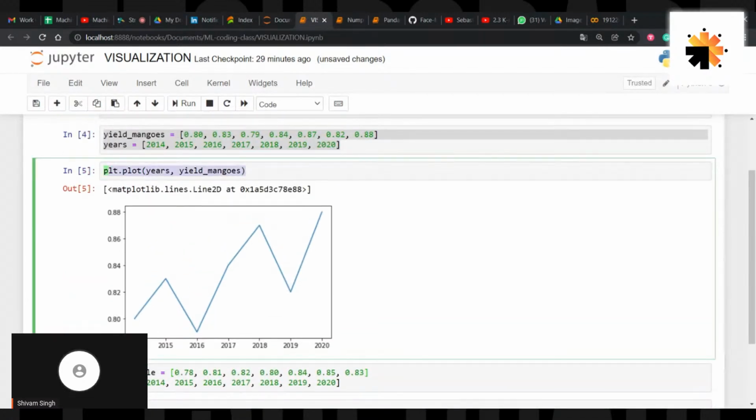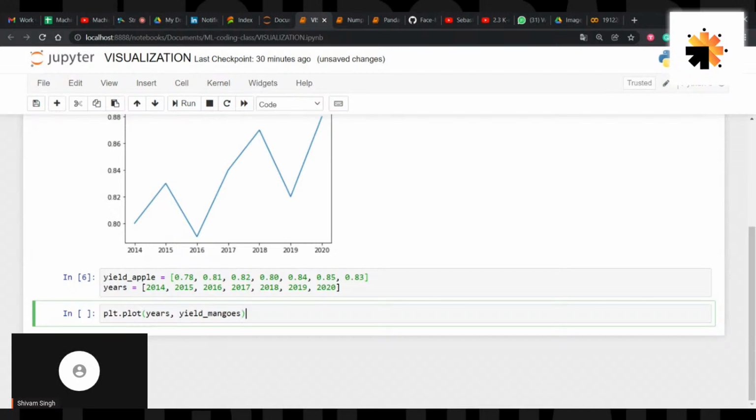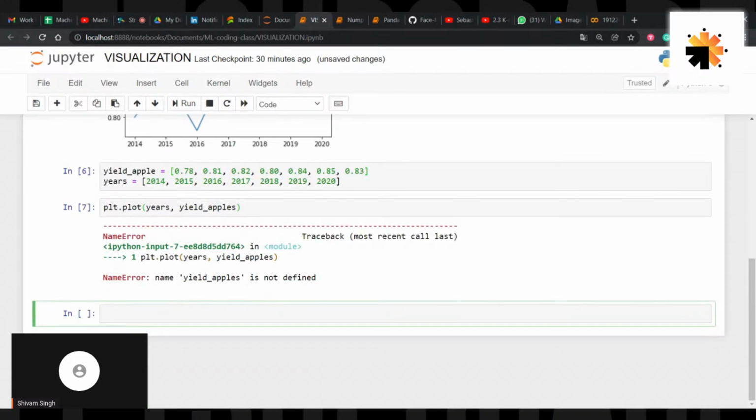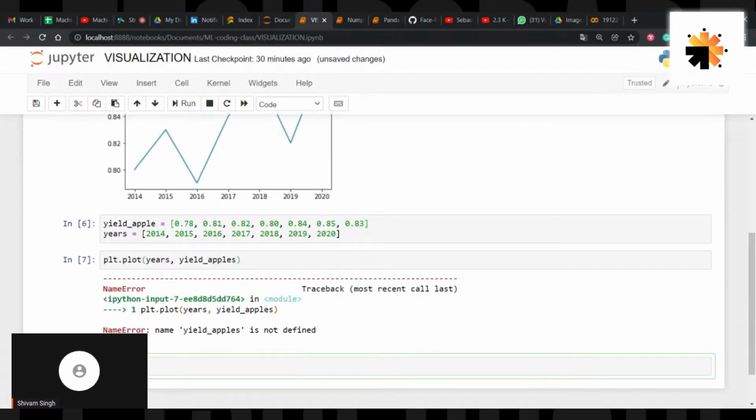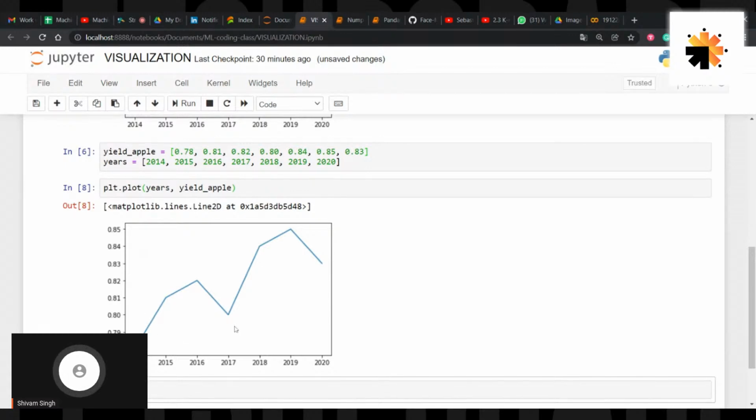And now I need to plot this. I want to plot the same thing. Here I'm having apples. Okay, so this is the kind of graph I am getting for apples.